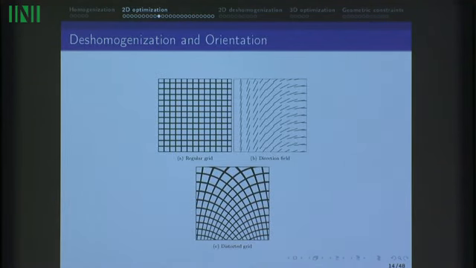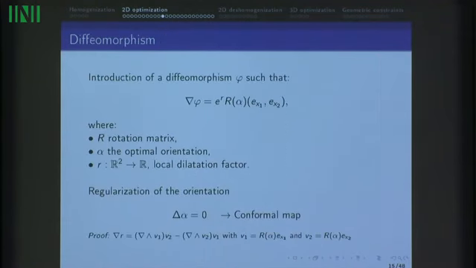The idea is we have a regular grid corresponding to our periodic cells. We have a direction field here, and here is what we want to reach. So we want to distort this grid according to this direction field. To do that, as Jeroen said before, we use a diffeomorphism. And what we say is, I want a diffeomorphism whose gradient is aligned with my orientation vector fields. Here I have the rotation of the unit vector fields of the basis.